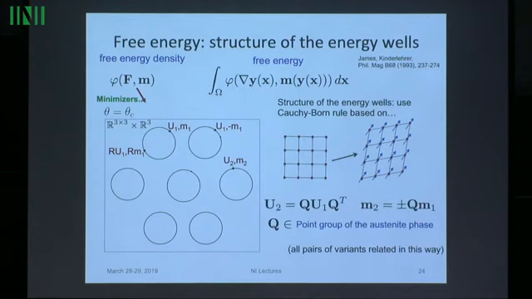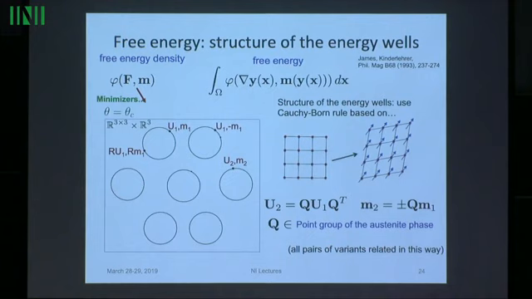And now let me discuss a little bit the symmetry. So there's a symmetry group, a point group, in the simplest case a group of rotations. If the austenite phase is cubic, this could be the 24 rotations which map a cube to itself. And under these transformations, you send phi to itself.